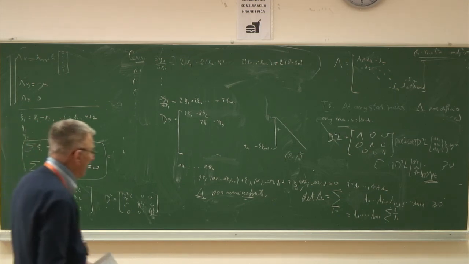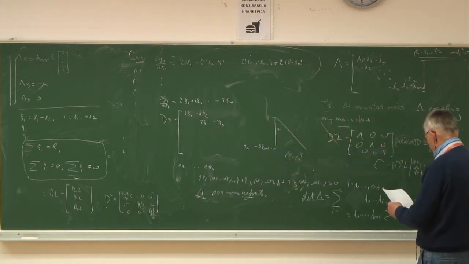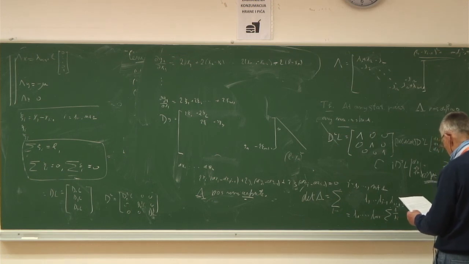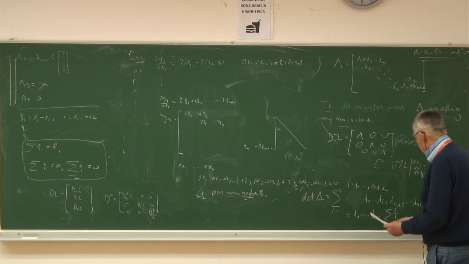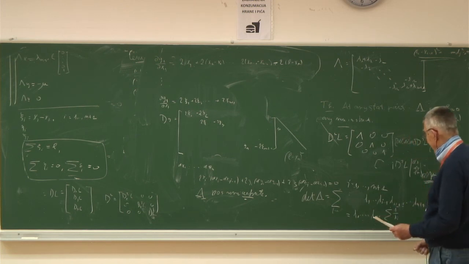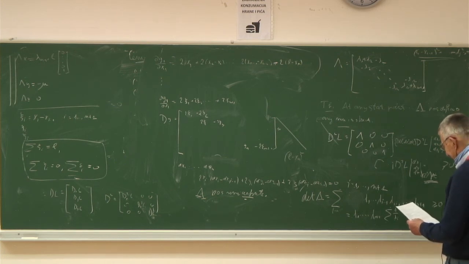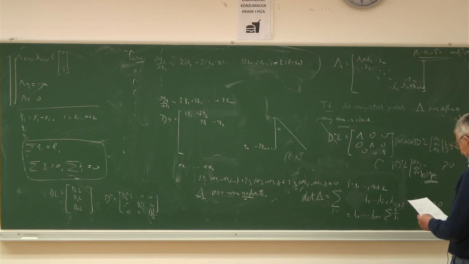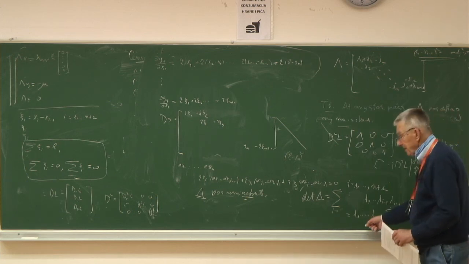But we know that this is different from 0. And this is also different from 0. So lambda is positive definite, because then the determinant is positive.